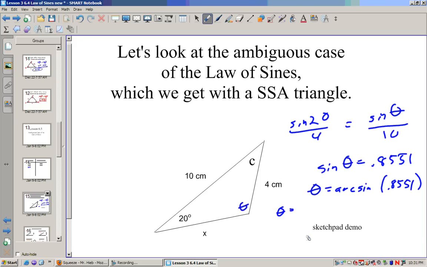So when I take my arc sine, my theta will be 58.77 degrees, or 180 minus that, which is 121.23.